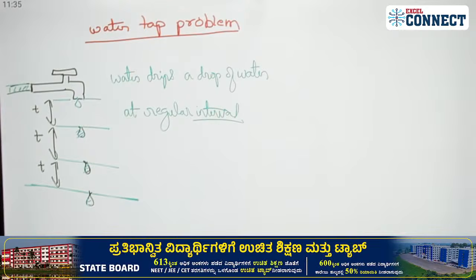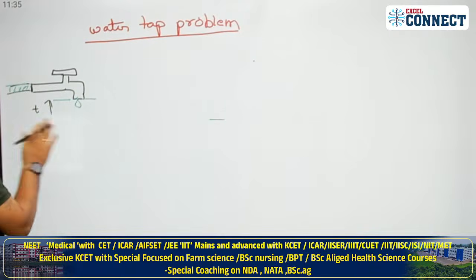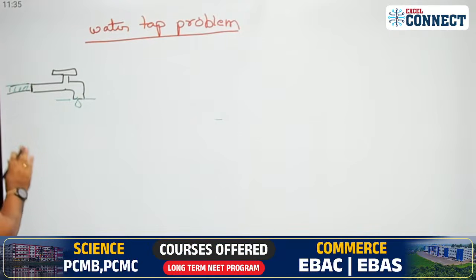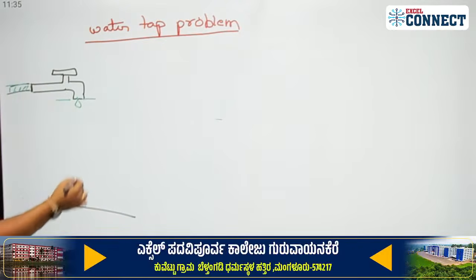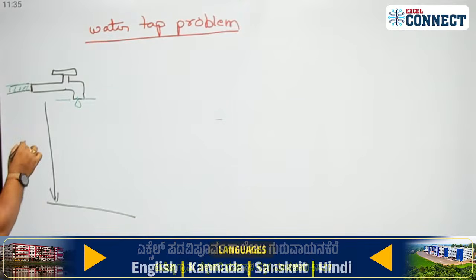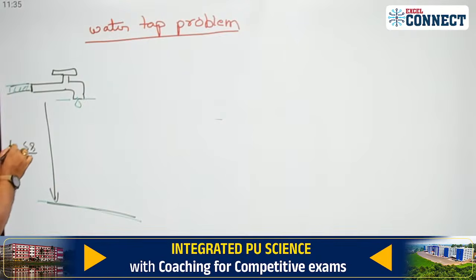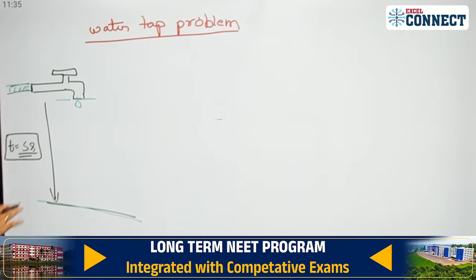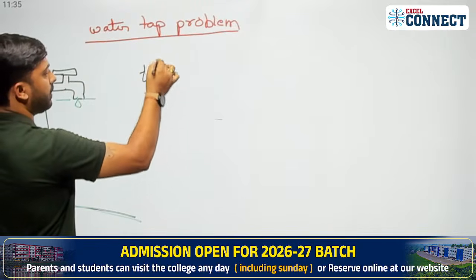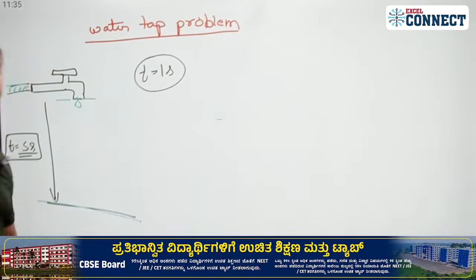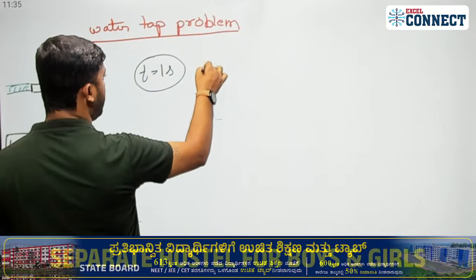Suppose you have a water tap and the drop takes 5 seconds to reach the ground. Time taken by the drop to reach ground is 5 seconds, and for every 1 second there is dripping of water.